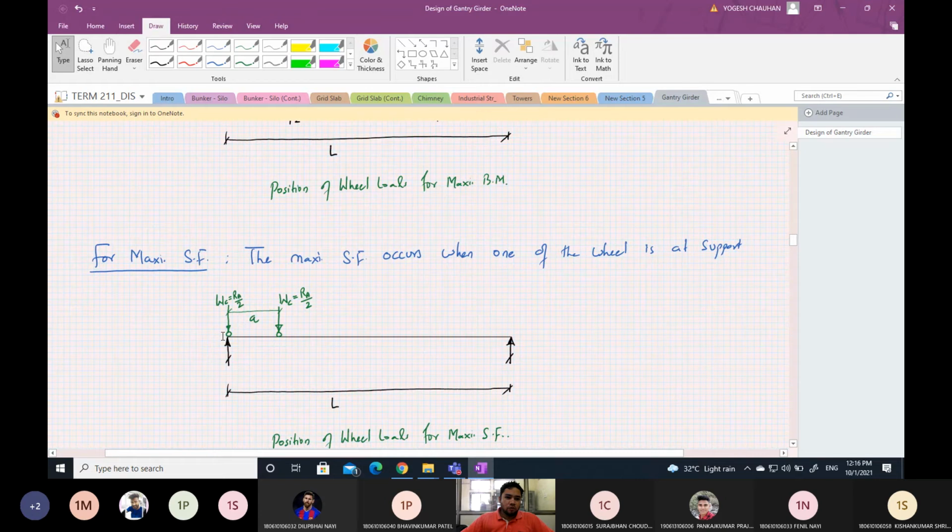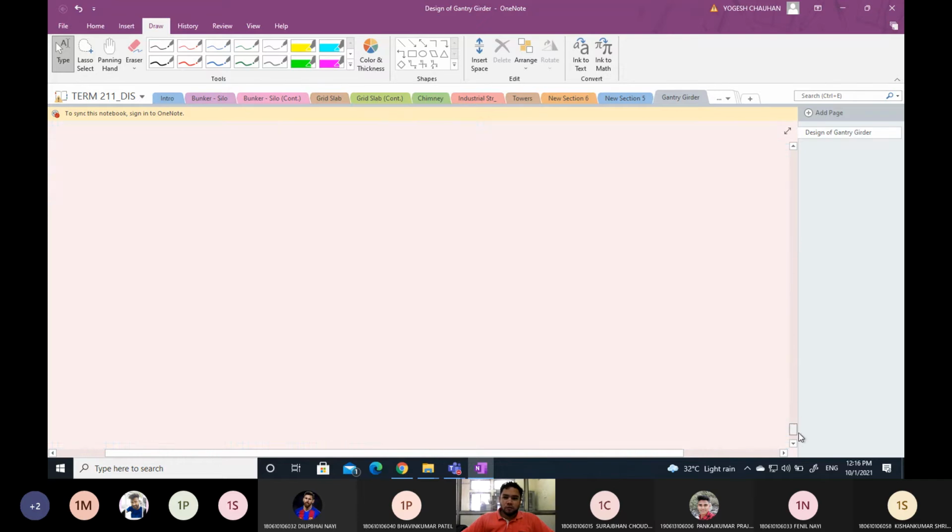So when one of the wheel loads is at the support, the reaction of that support will give maximum shear force.